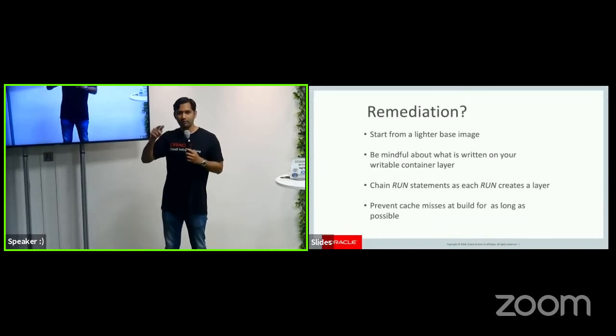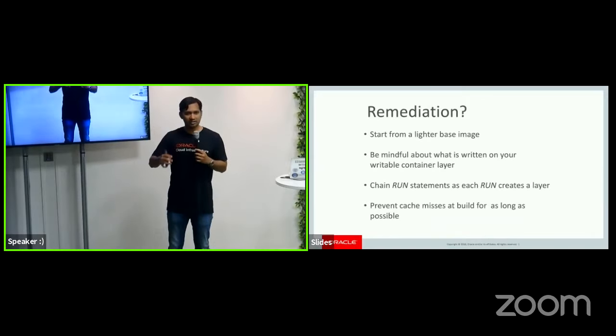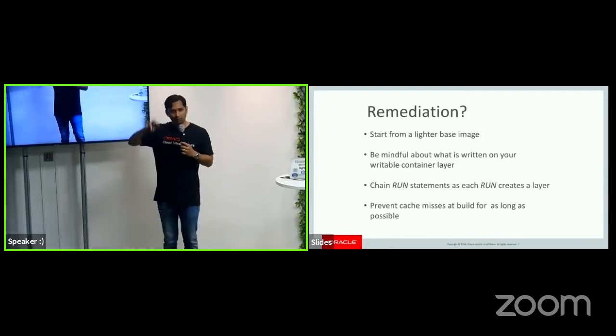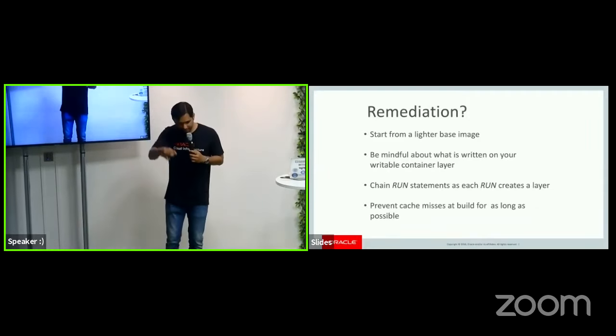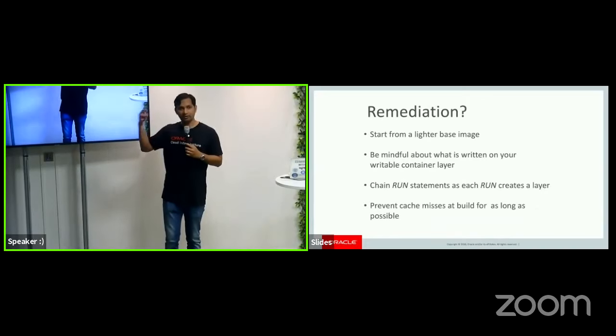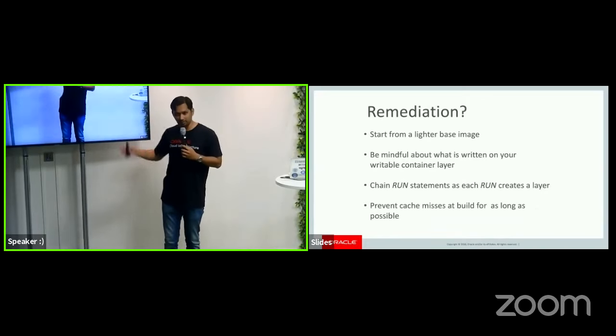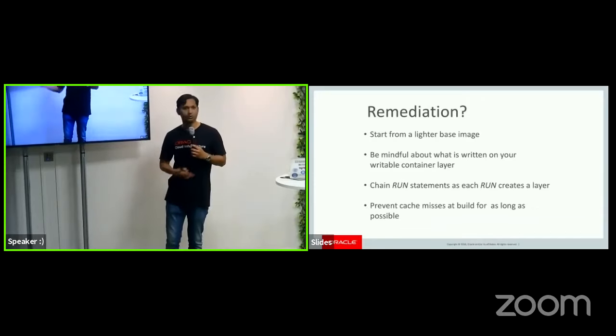So if you're installing, let's say, 10 different things, try to do that within one single run command rather than running 10 run commands. If you do that, 10 different image layers will add up the space, the build time, the push times, and the pull times as well, right?